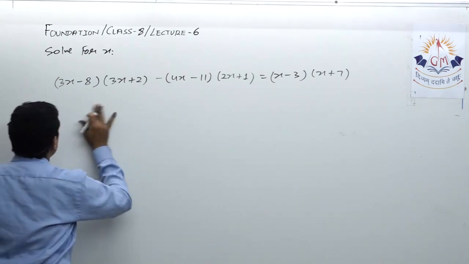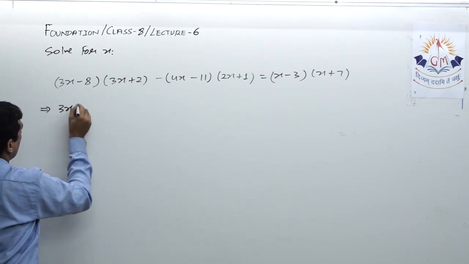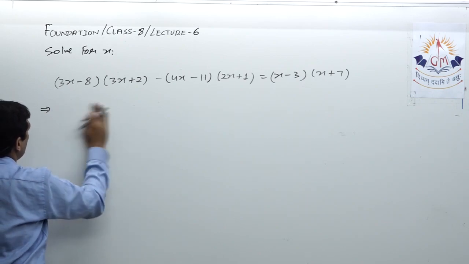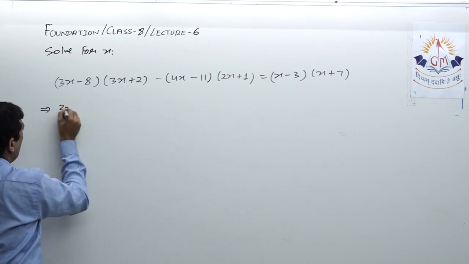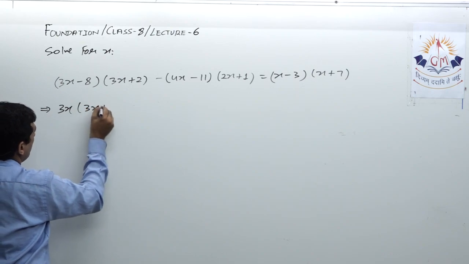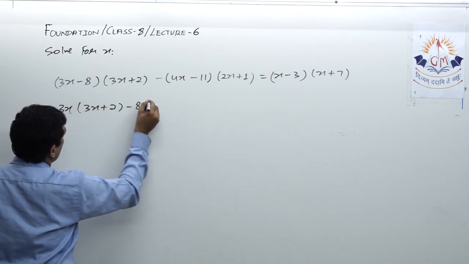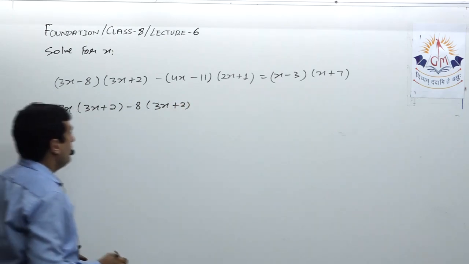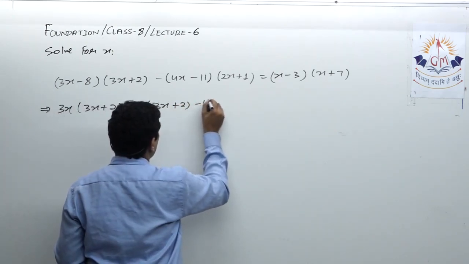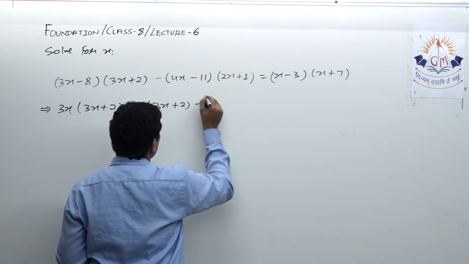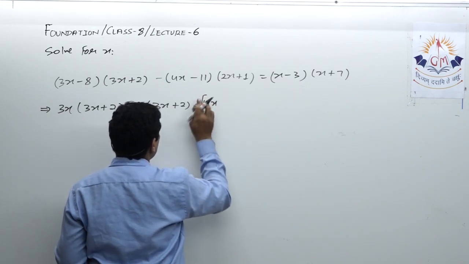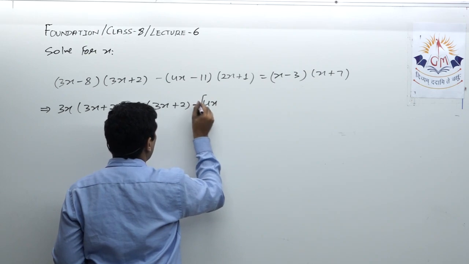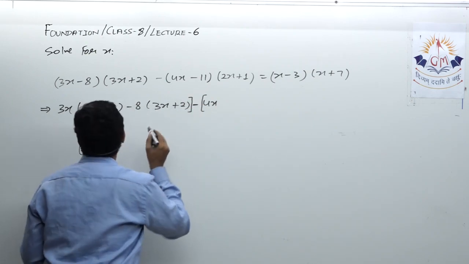So first of all, term to term multiplication. So 3x multiplied by 3x plus 2, then minus 8 into 3x plus 2. Okay, over here minus 4x minus 11. I'm taking this in a bracket so that there is no confusion because of this minus sign.